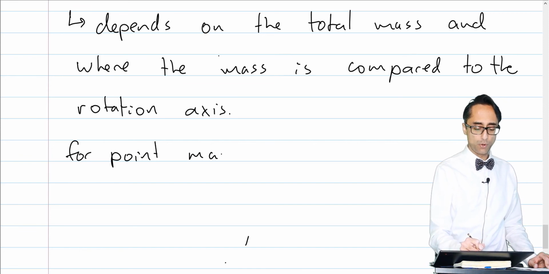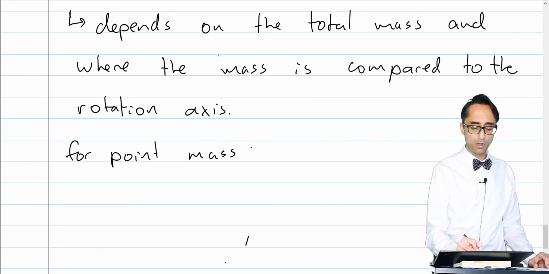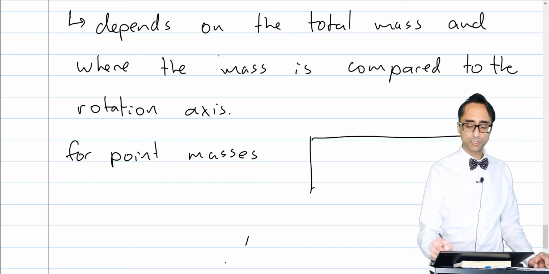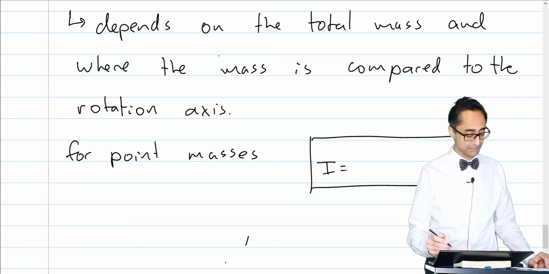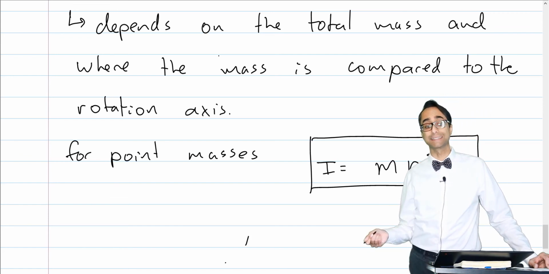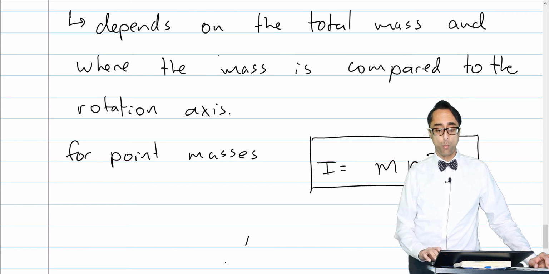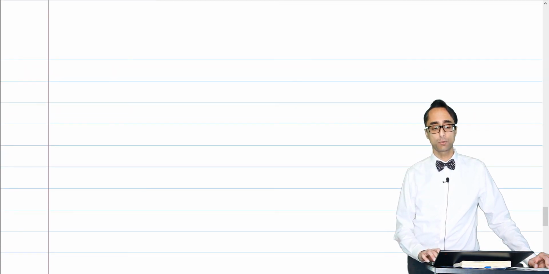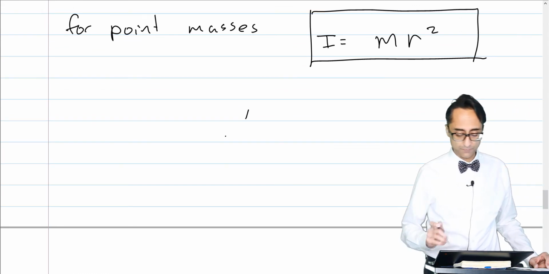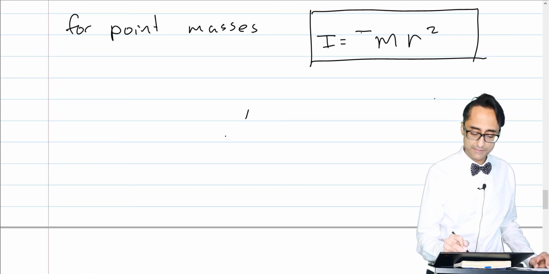If you have a bunch of point masses and you want to calculate their moment of inertia, it's a combination of the masses multiplied by how far away from the rotation axis each mass is. If you just have one mass, it would be mass times r squared. But if you have a whole bunch of them, then you just add them up. The sum, like so.